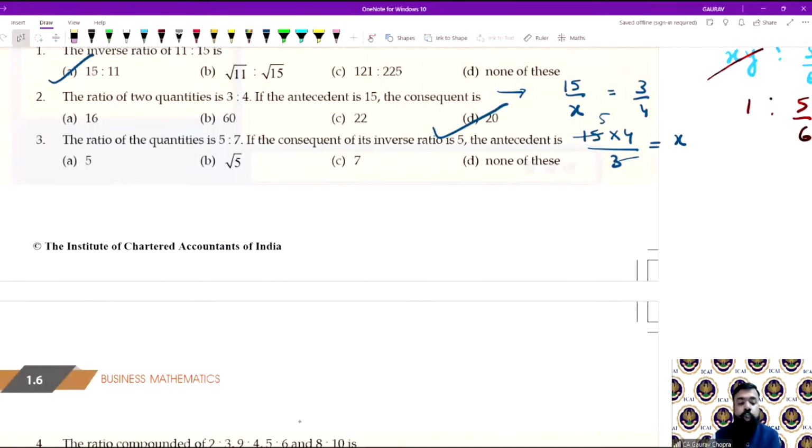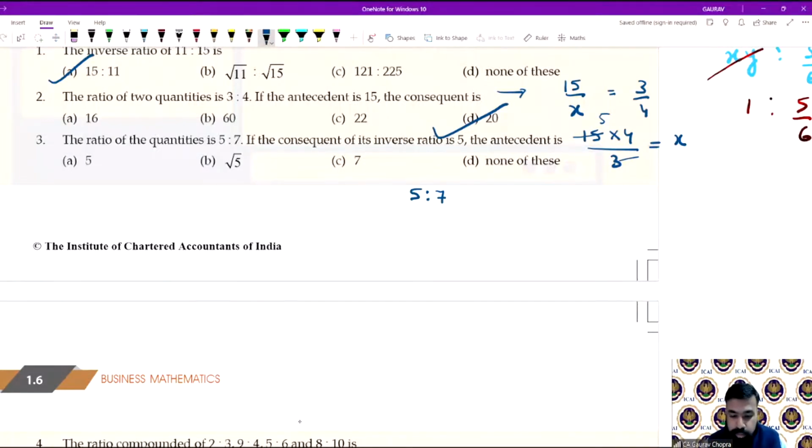Third one, the ratio of the quantities is 5:7. If the consequent of its inverse ratio is 5, then the antecedent is? The ratio given is 5:7. Now the consequent of its inverse is 5, not the consequent of this ratio.